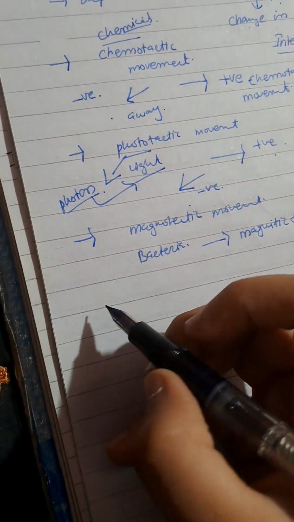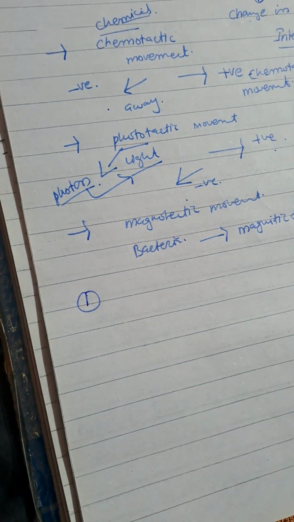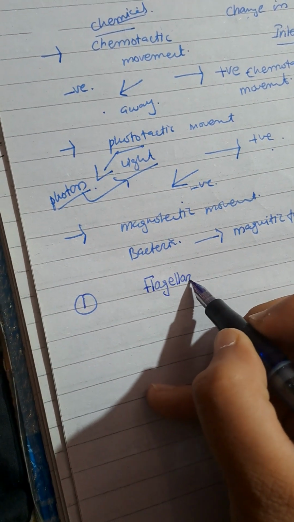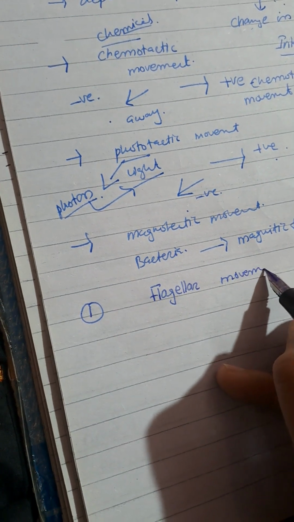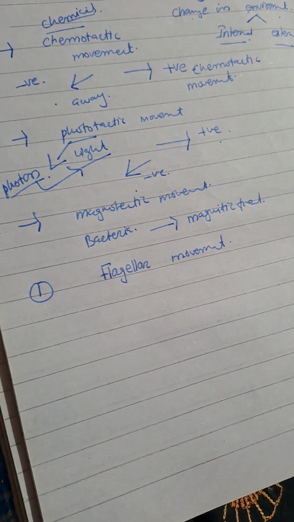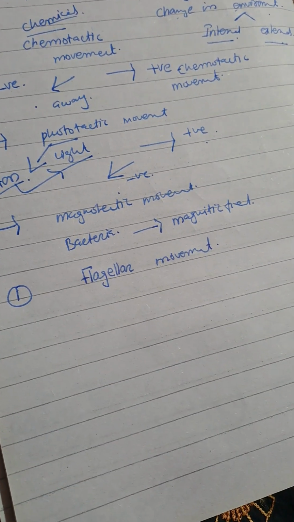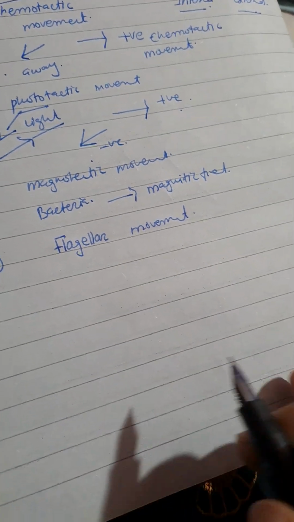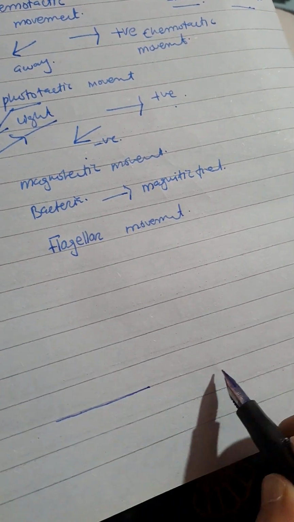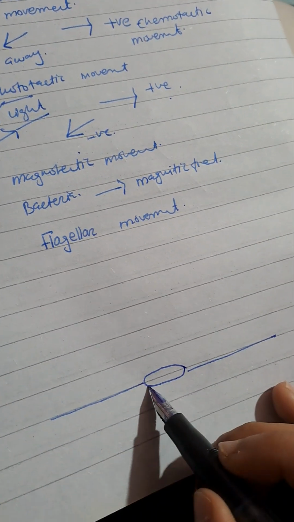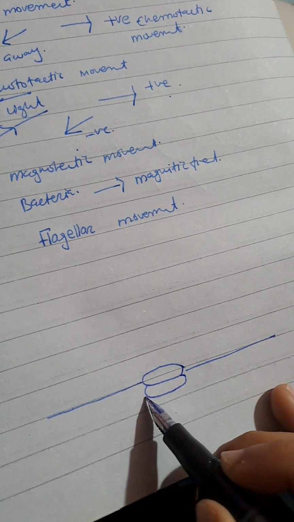So first of all, we will look into the flagellar movement. In order to study flagellar movement, the structure of the flagella of bacteria must be clear to you. Let me explain it in easy words. Here we have two pairs of rings.